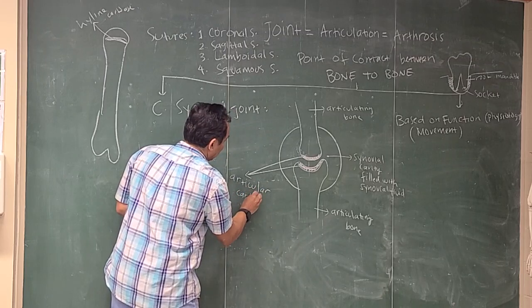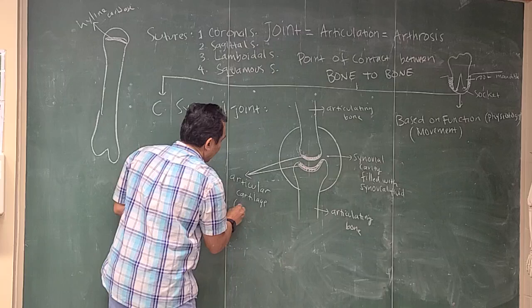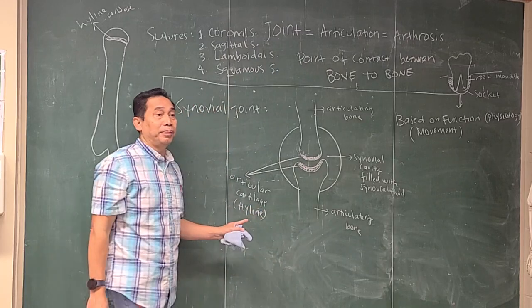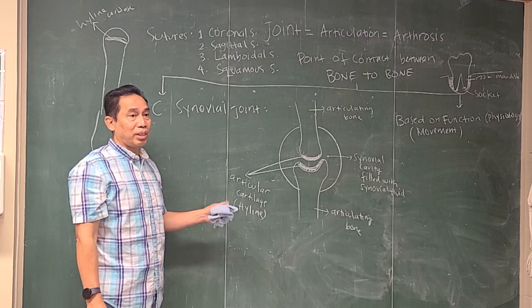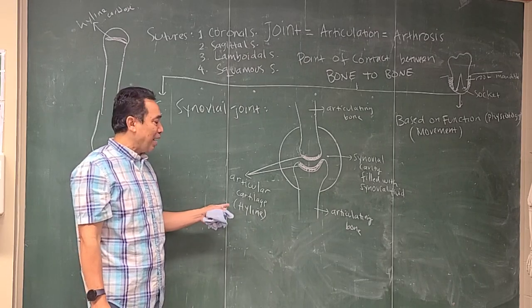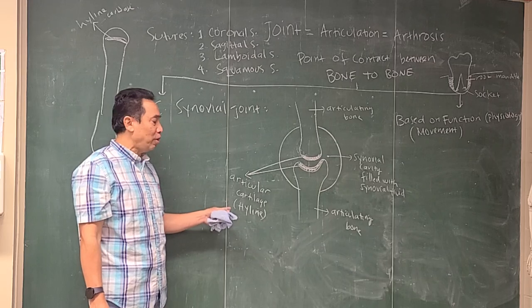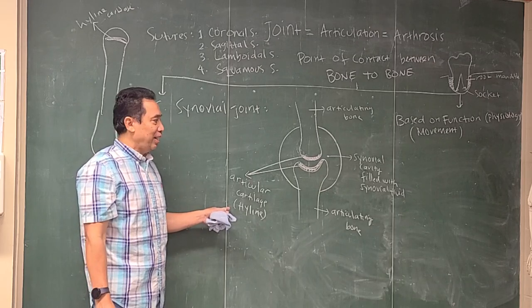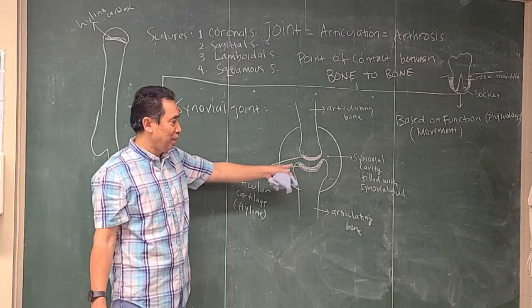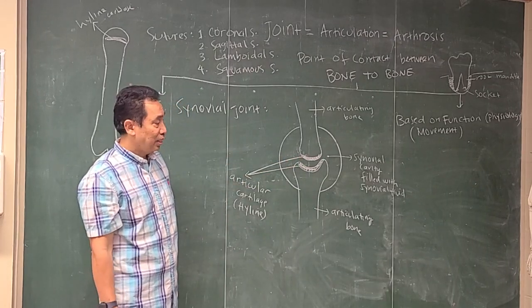This is actually hyaline cartilage, which is the softest one. Remember, the strongest one is fibrocartilage. Hyaline is actually the softest type of cartilage, and it is also located at the end of the bone, in the epiphysis.